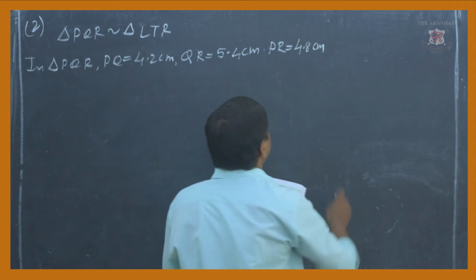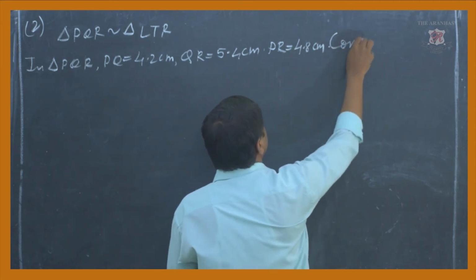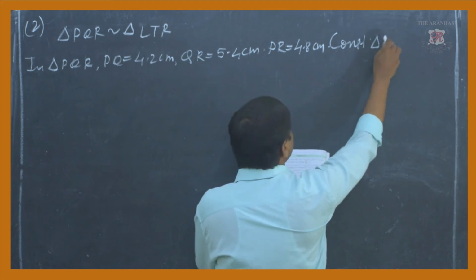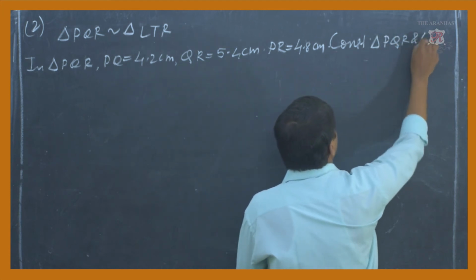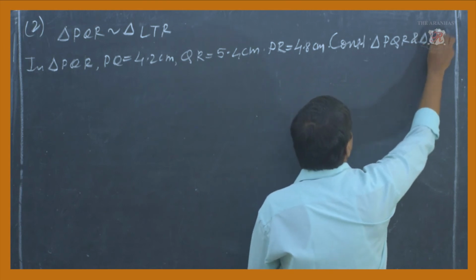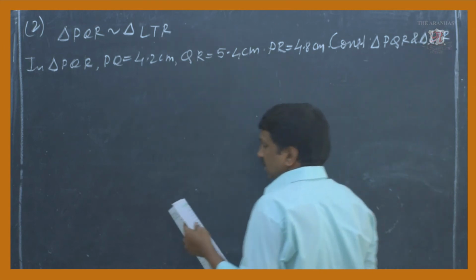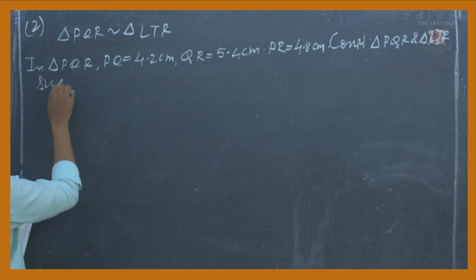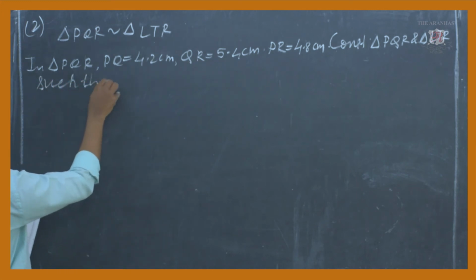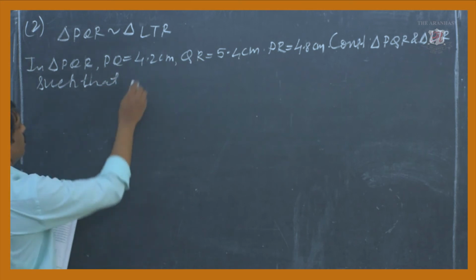So the question here is: construct triangle PQR and triangle LTR such that the condition is given. What is the condition? The corresponding sides ratio is given.